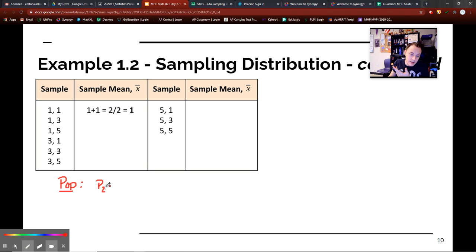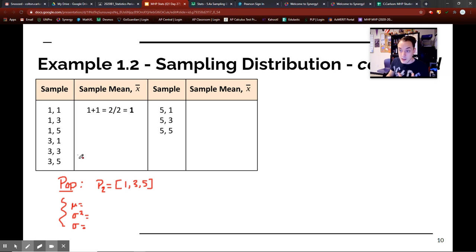So this is P2 equals, my list was 1, 3, and 5. I need to find a couple things here: my mean, my variance, and my standard deviation. I don't know what those are yet. I'm going to show you what they are in a little bit. Okay, well, let's focus on this first.